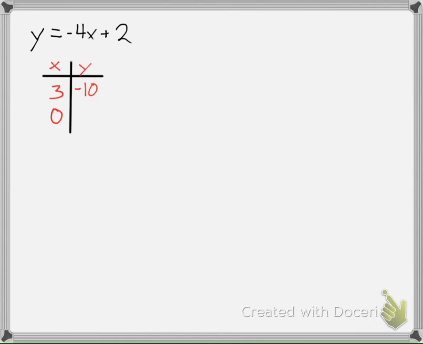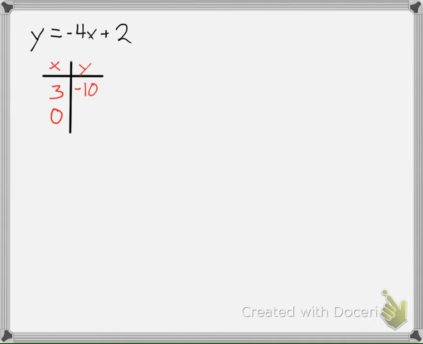It'd be +2, right? Because anything times 0 is 0. No such thing as -0, actually, because negative means below 0, and obviously 0 is not below 0. So you get 0 plus 2, and 0 plus 2 is 2, right?